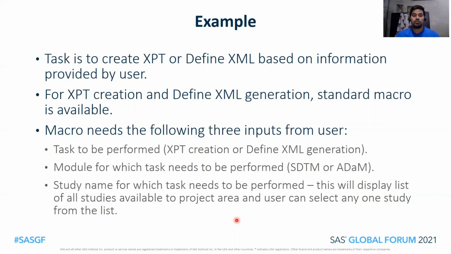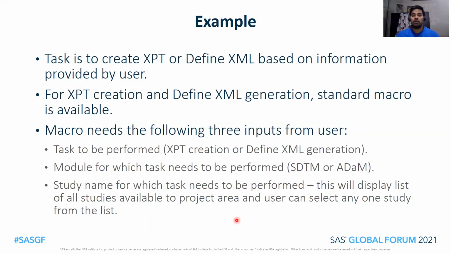Our task is to create XPT or define XML based on the information provided by the user. For XPT creation and define XML generation, a standard macro is available, written in SAS. Since the program is already written, it will take a few inputs from the user and perform one of the two tasks.